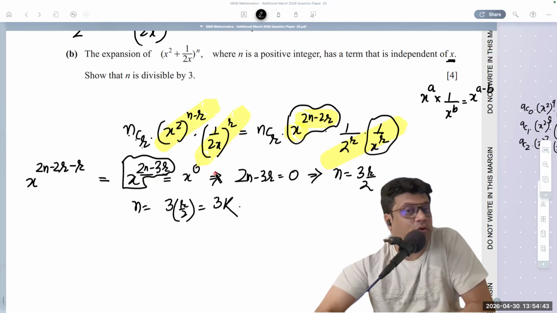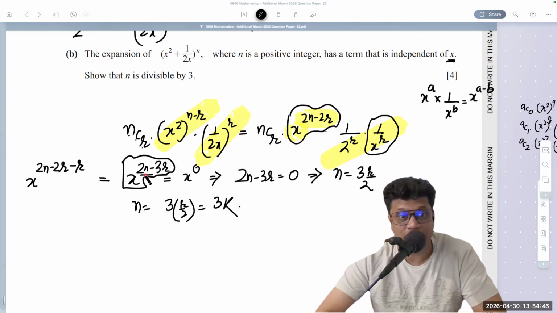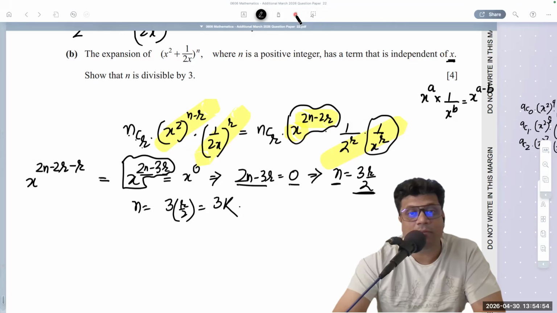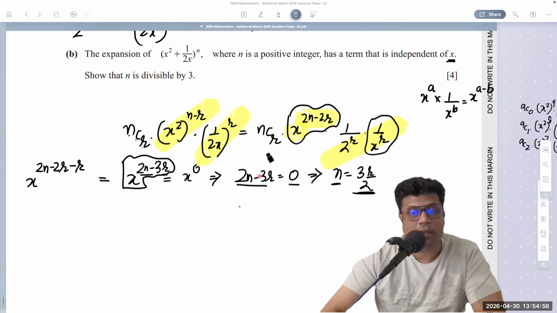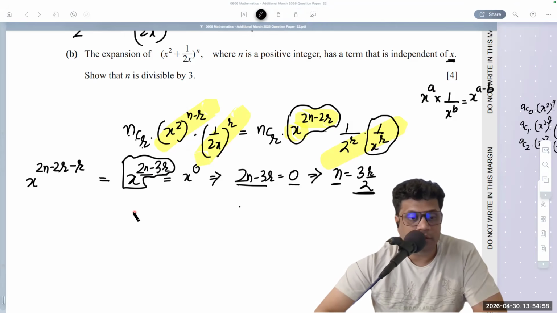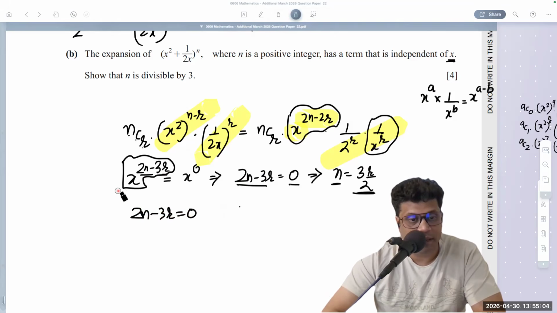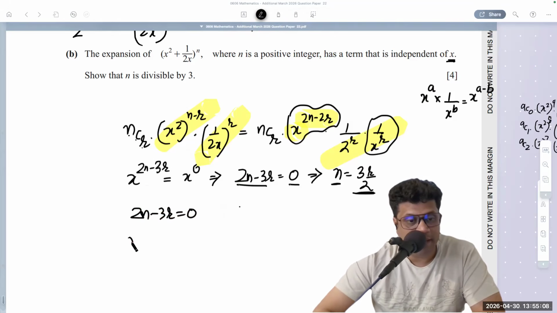It should have no x, meaning that power should vanish. It should become 0. So 2n minus 3r is 0, which means n is 3r by 2. That's the power on x and it should vanish.